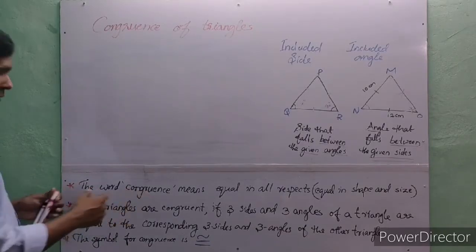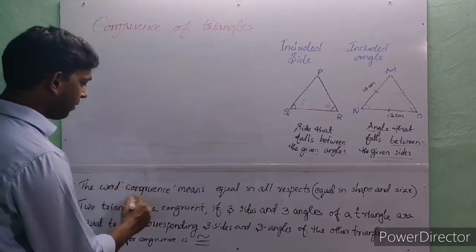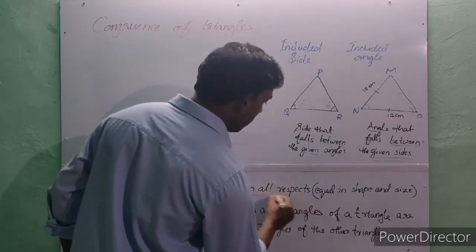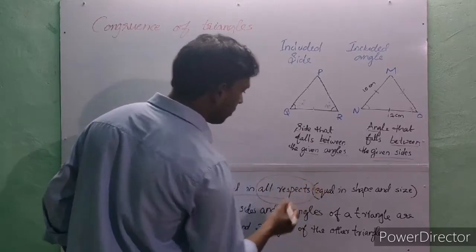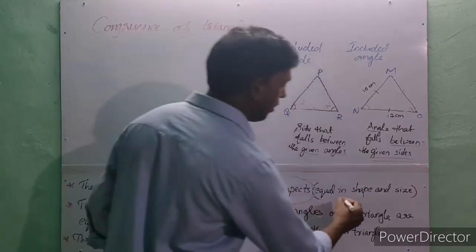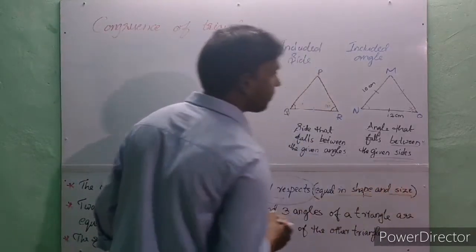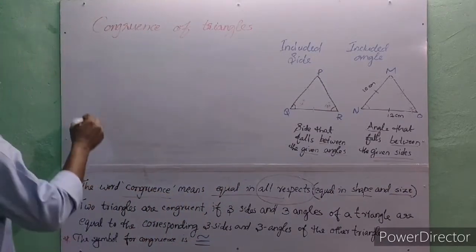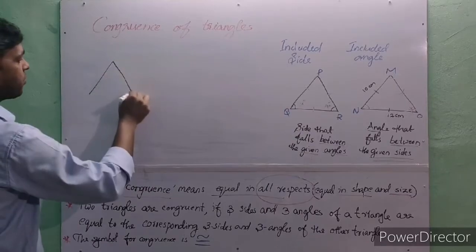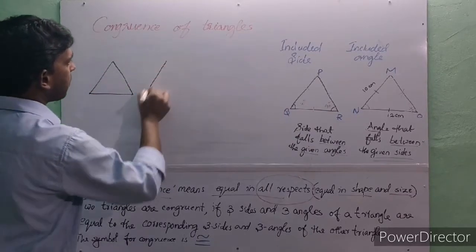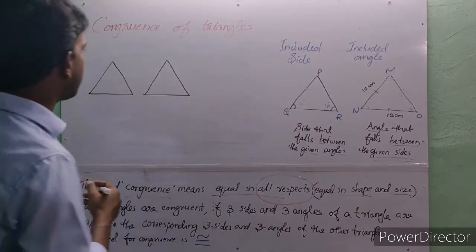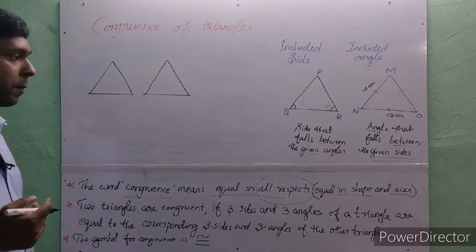The word congruence means equal in all respects, that means equal in shape and size. So if you want to call two triangles congruent, they must be equal in shape and equal in size.